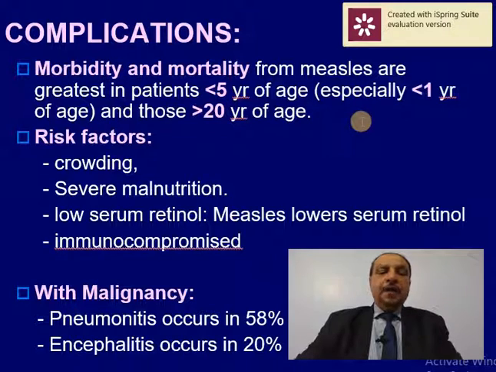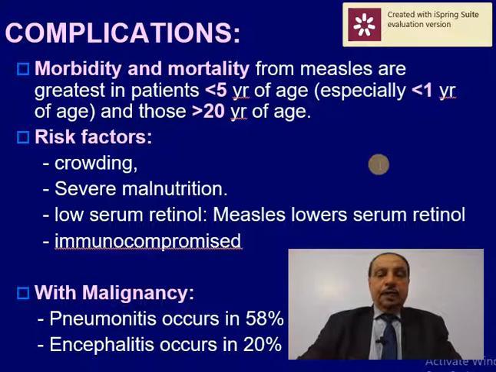What are the risk factors for the severity of measles? Crowding, severe malnutrition, low serum retinol. Measles lowers serum retinol or vitamin A, and in one of the researches here in Gaza, they found that about 60% of the population have some degree of vitamin A deficiency.